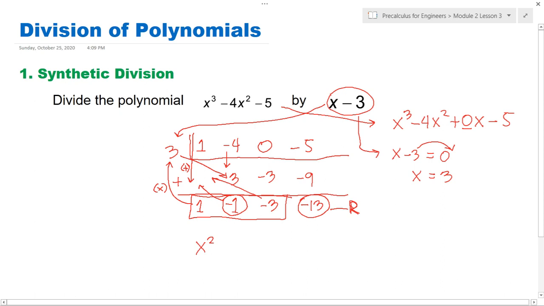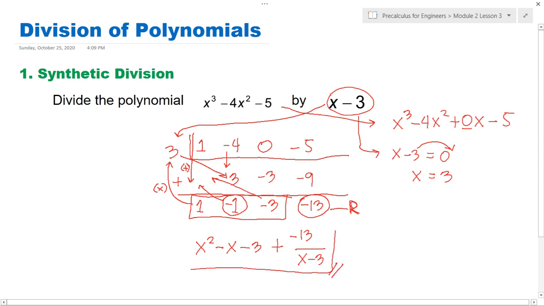How about the second term? Negative 1, so this is negative x. It follows in order, 2, then 1. Then our final term is the constant, which is equal to negative 3, plus the remainder, negative 13 over your divisor, x minus 3. This would be our answer.